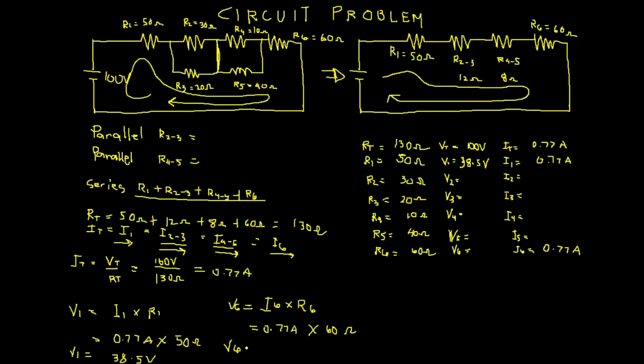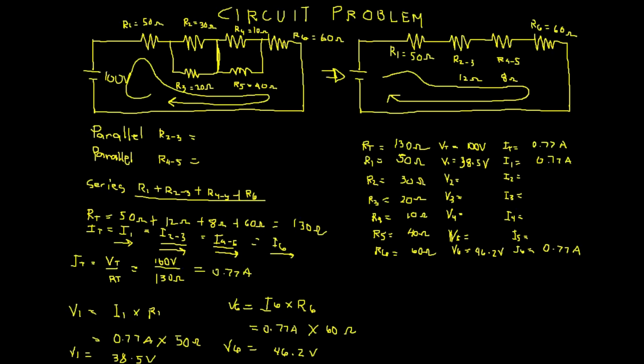So pag multiply natin yung 0.77 ampere sa 60 ohms, ang sagot is 46.2 volts. So meron na tayong V6 na 46.2 volts. Okay. So ngayon, ang isusunod natin is itong V2, V3, at V4 and V5.